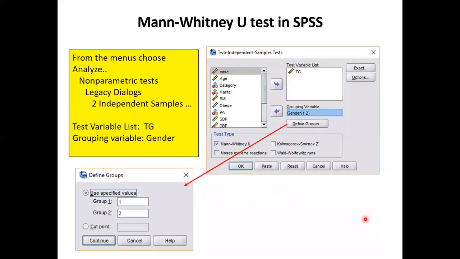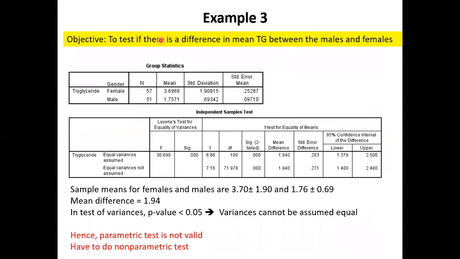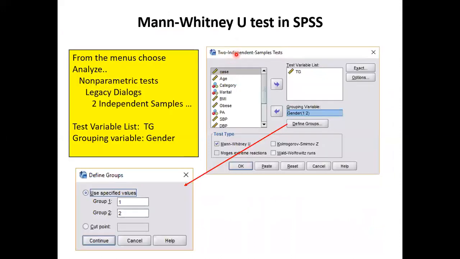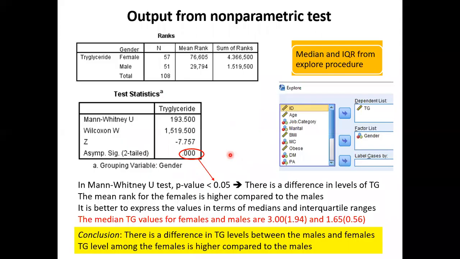Right? So our objective is to test difference in TG between male and female. The parametric test is not valid, so we use a non-parametric test. And I see that females are ranked higher than males. P-value less than 0.05, we conclude there's a difference. No point using mean ranks. I want to know where the values are located.